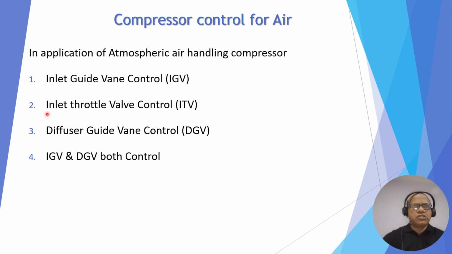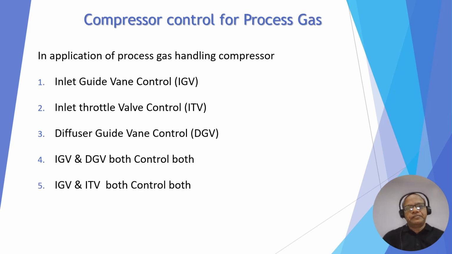It can be installed far from the impeller because in this case the flow is in the axial direction, but IGV can turn the gas. Third is diffuser guide vane control, which is installed downstream of the impeller, and IGV and DGV both can control. So all four types of controls are possible for an atmospheric air handling compressor.